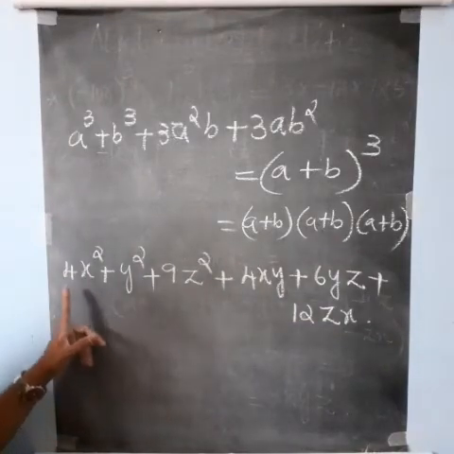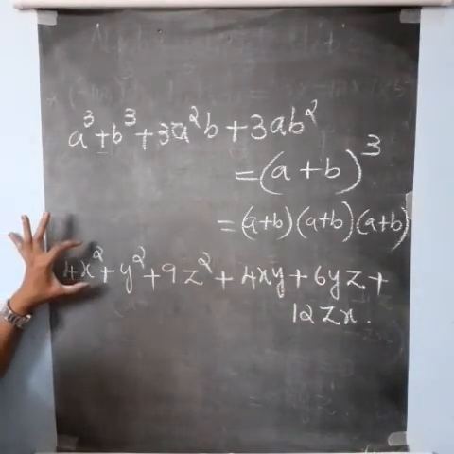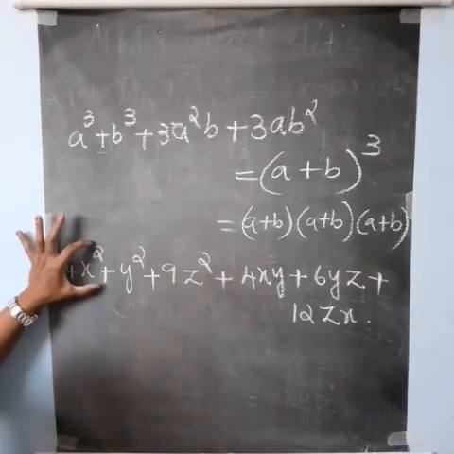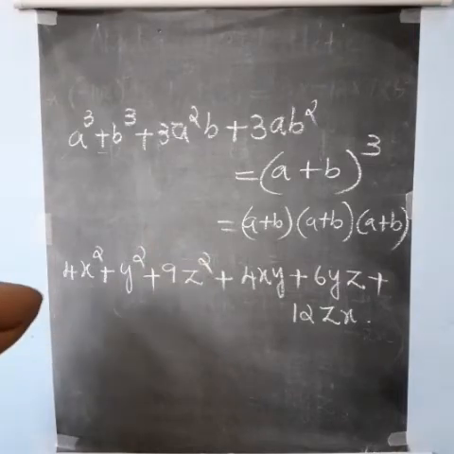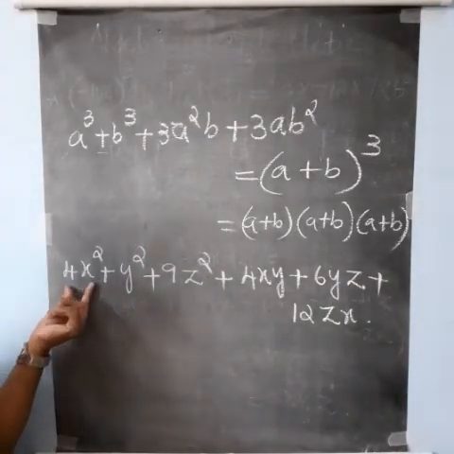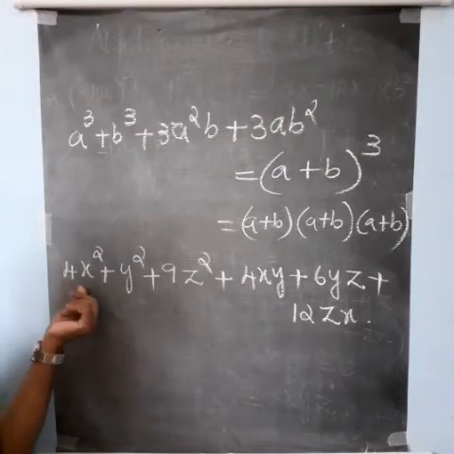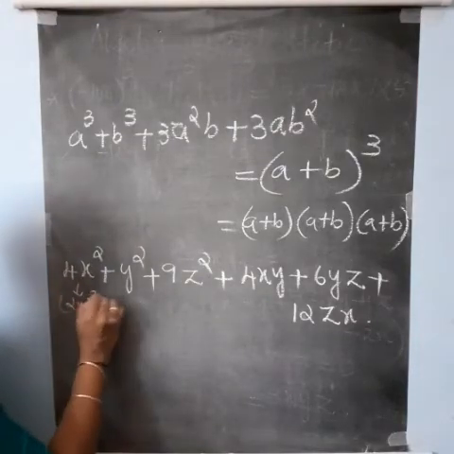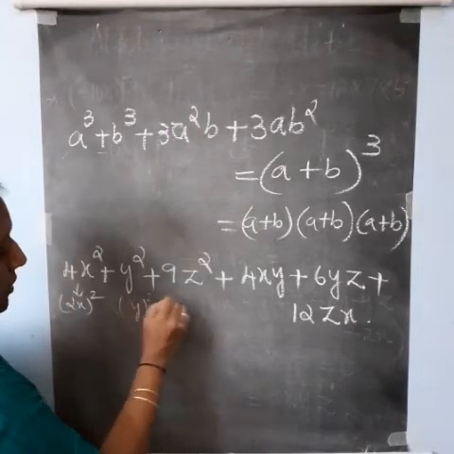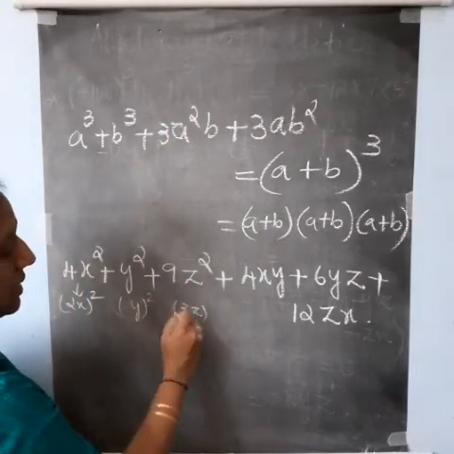Now if you see, this is of the form x plus y plus z the whole square, remember that formula? But the only thing is, x is not just x squared. What is it? 2x the whole square. So if I factorize, you will get 2x the whole square, this will be y the whole square, and this will be 3z the whole square.